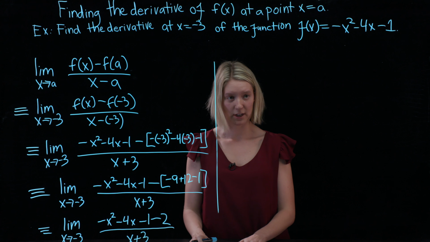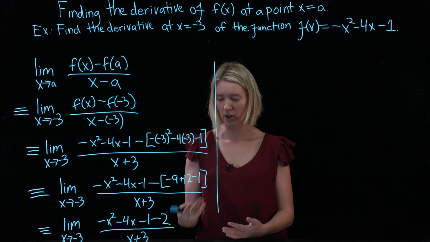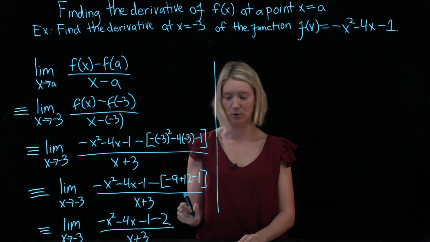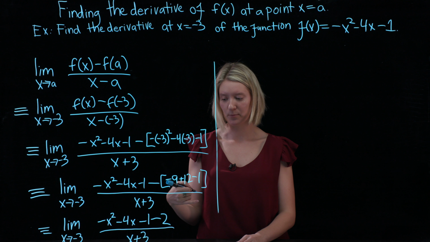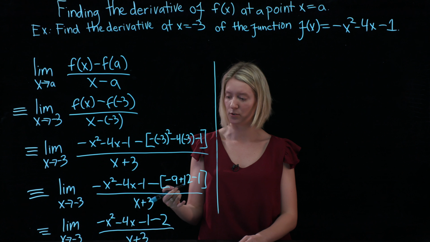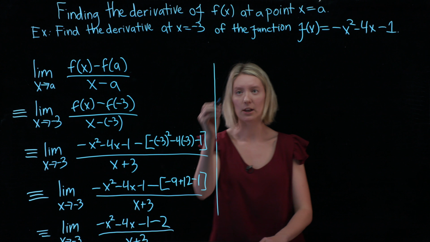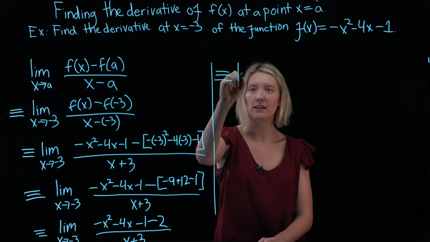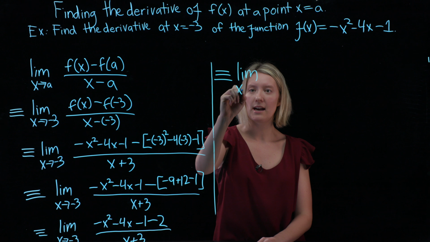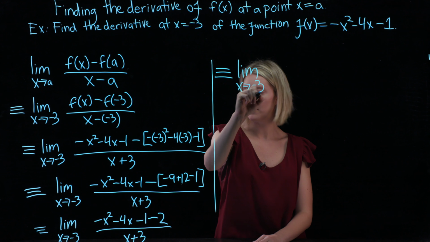So again, can't use direct substitution yet, but I want to create an equivalent expression that will allow me to use direct substitution. So at this point, the second strategy I might use is to try to factor my numerator so I can cancel out terms in the denominator and create an expression that would not be undefined as I'm taking the limit of x approaching -3.